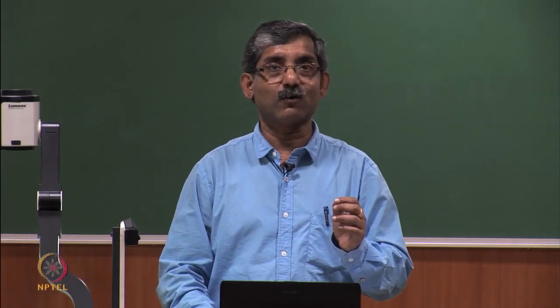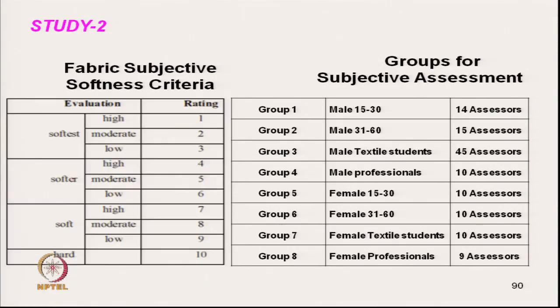For the subjective assessment we took around 125 subjects, people of different age groups, both male and female, of different professional levels. A rating scale of 10 was proposed, where 1 is very very soft and 10 is the harshest fabric.